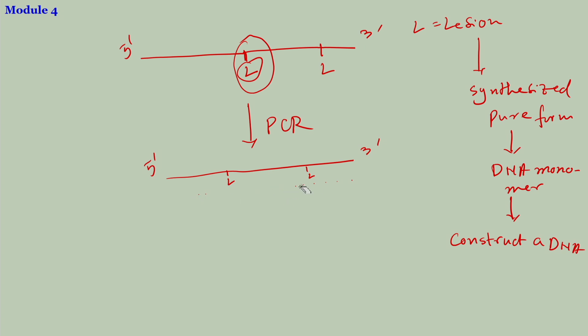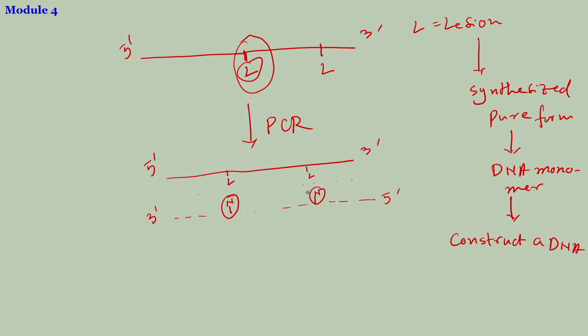So, polymerase will pick up a suitable nucleobase; this is the complementary strand which you are synthesizing or which you have synthesized using the PCR, and then followed by sequencing of this complementary strand, that will tell you what nucleobase has been taken up by the polymerase opposite to this lesion.